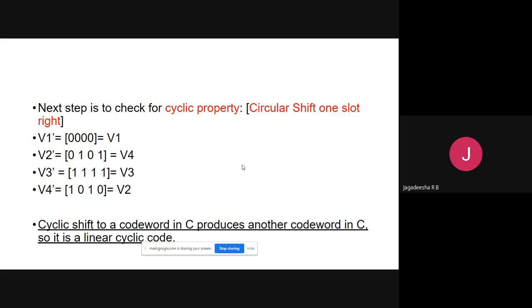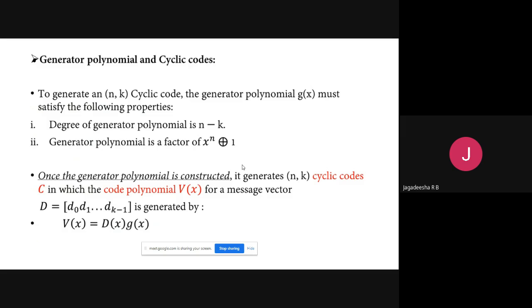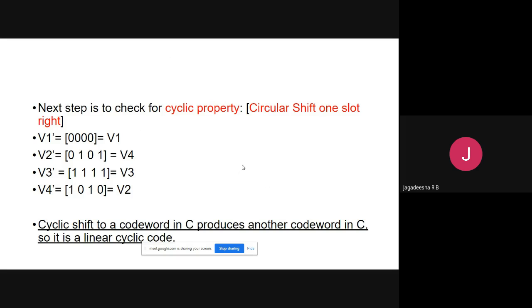They are actually same as v1, v4, v3, and v2. They can be found in the original set of code words. So even if we shift it, the new code words are again the original code words. So it exhibits linear property as well as cyclic property. So this is how we verify a given code is cyclic as well as linear.